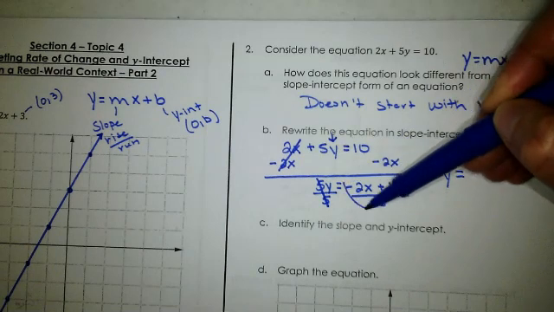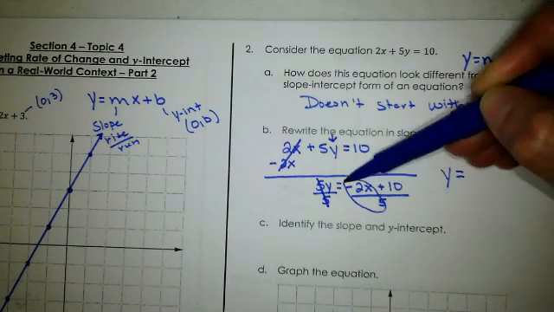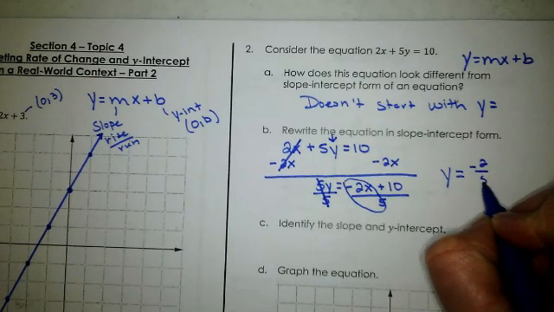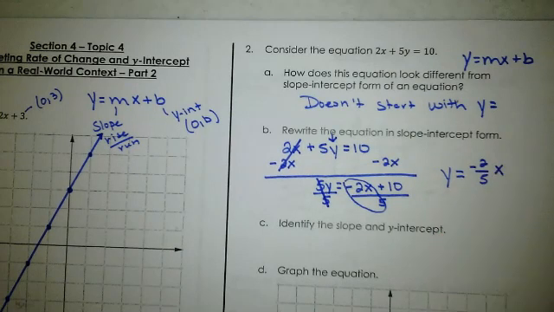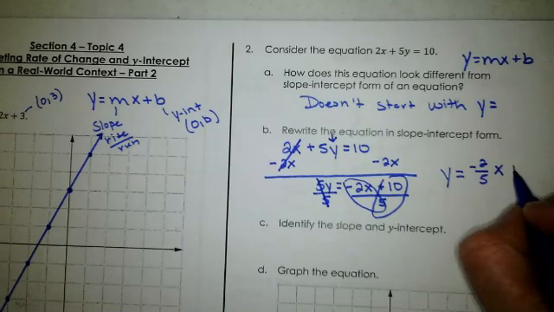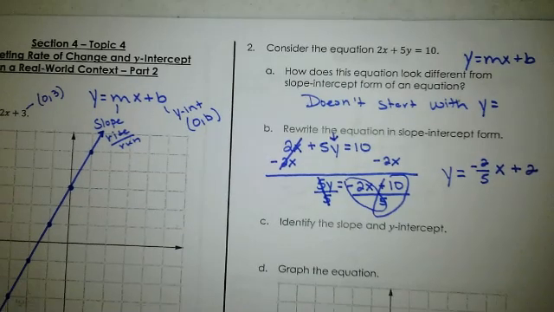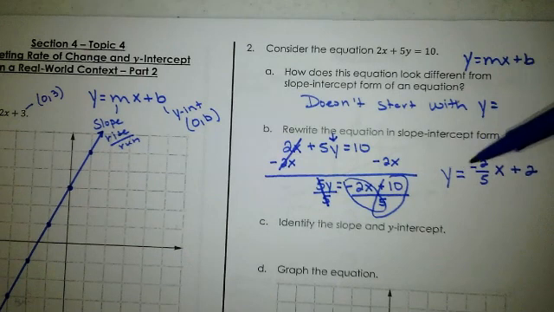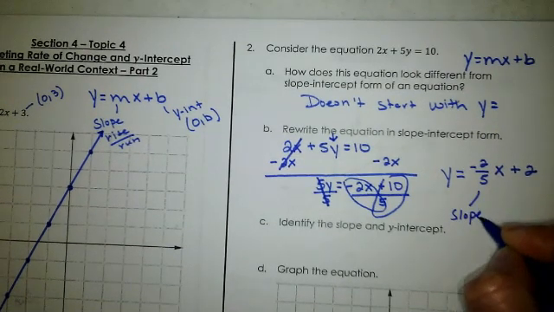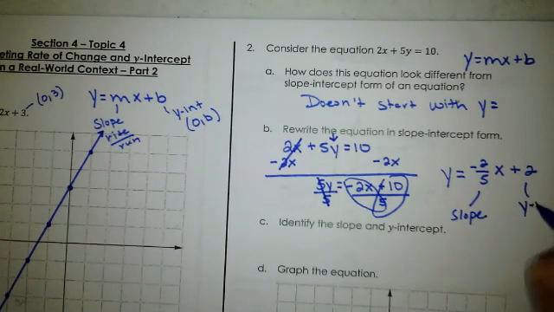I have negative 2x divided by 5, so I can just leave that as a fraction, negative 2/5 x, and I can do 10 divided by 5, which is 2, so plus 2. Now I'm in y equals mx plus b form. The slope is negative 2/5, and the y-intercept is 0, 2.